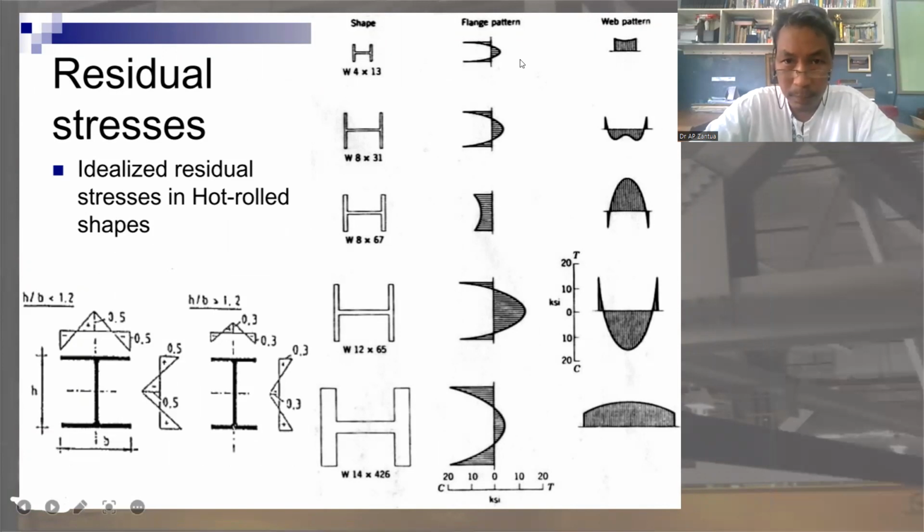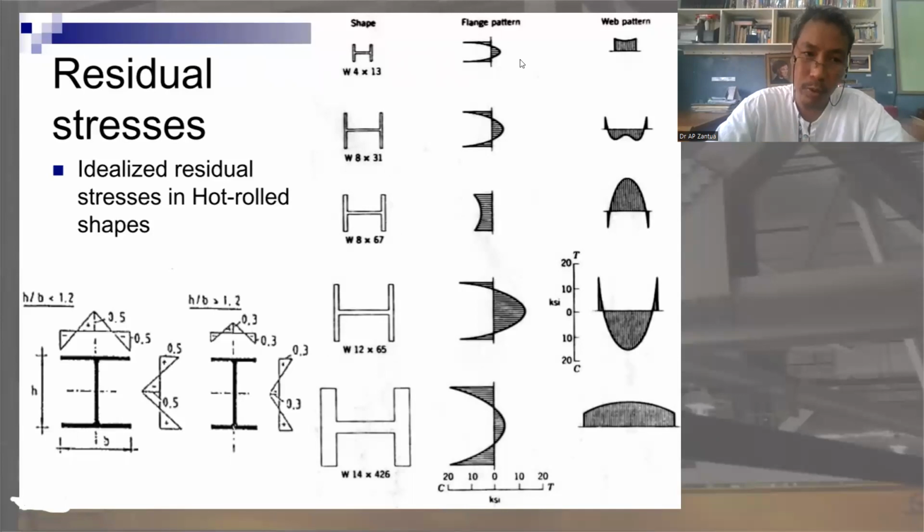These are examples of residual stresses due to forming, either hot rolling or cold rolling. We can make a raw material steel become an H or W type shape.